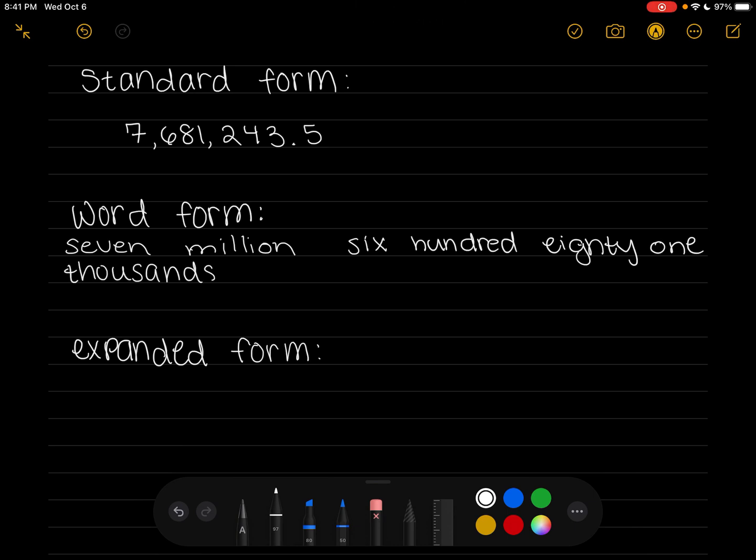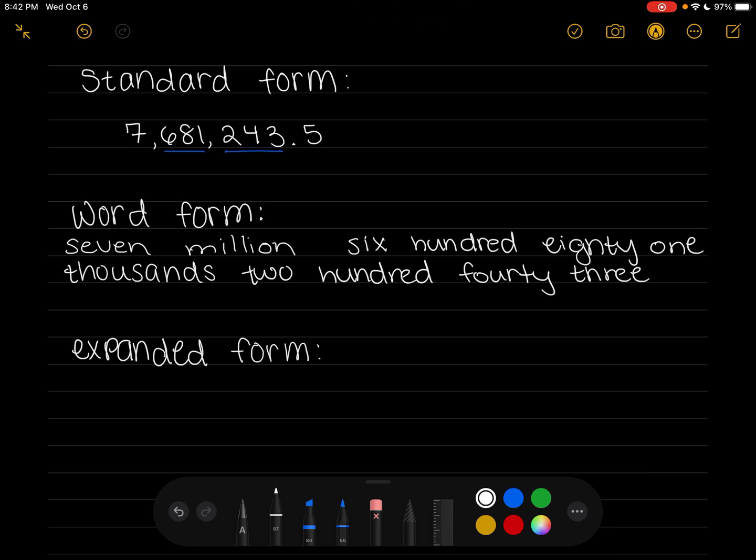In word form, you always write your numbers in periods. That means the groups of 3 between the commas, which is why I said 681 thousand and not 600s, 8 tens, and 1 thousand. So my next period would be 243 ones. But I don't need to say that once. I can just say 243.